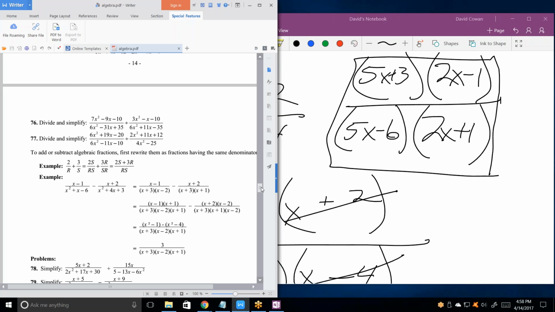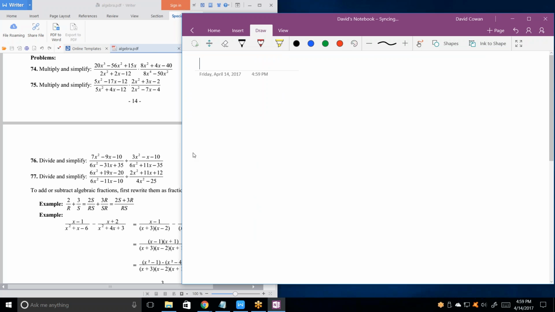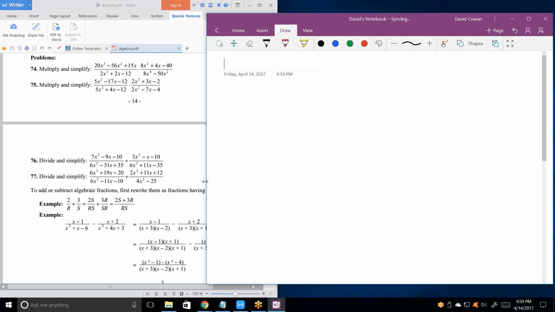Well, if whatever we're going to do with it would be easier done if it's in factored form than if it's not. In other words, if I were to multiply that back together and produce a quadratic, then the next step I might have to go back in and factor it. So always leave your answers in factored form if that's what you get.